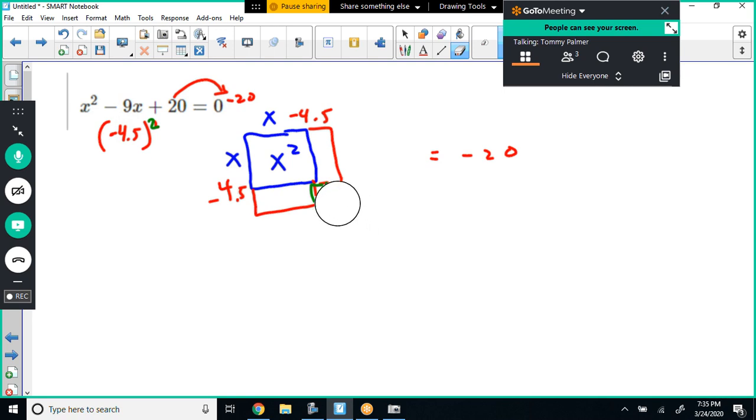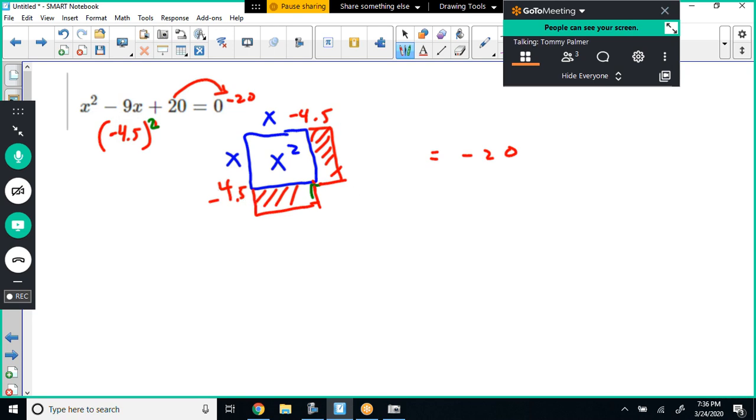So that's what we have by the process of complete the square. It says take half the linear term, square it and add it to both sides. The squaring part is because this little red box right here has a value of minus 4.5, minus 4.5.